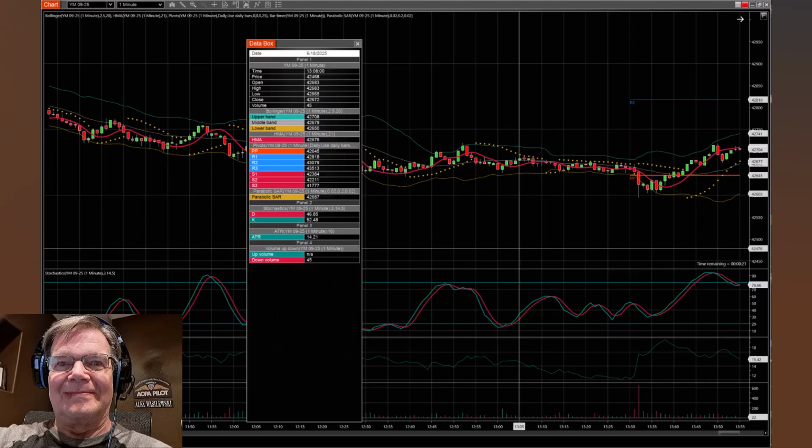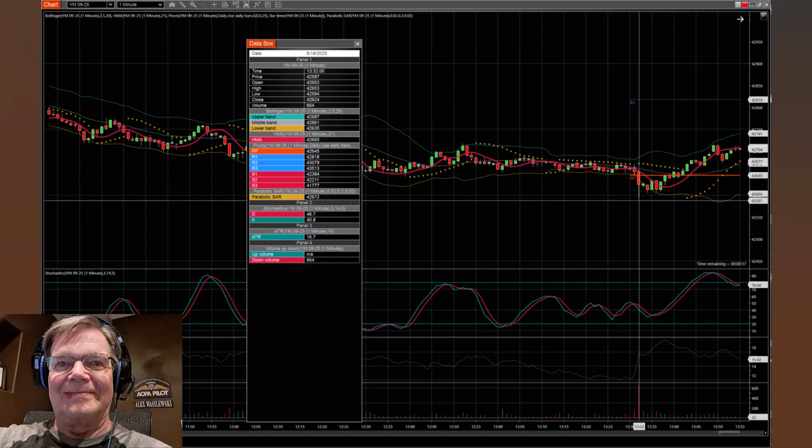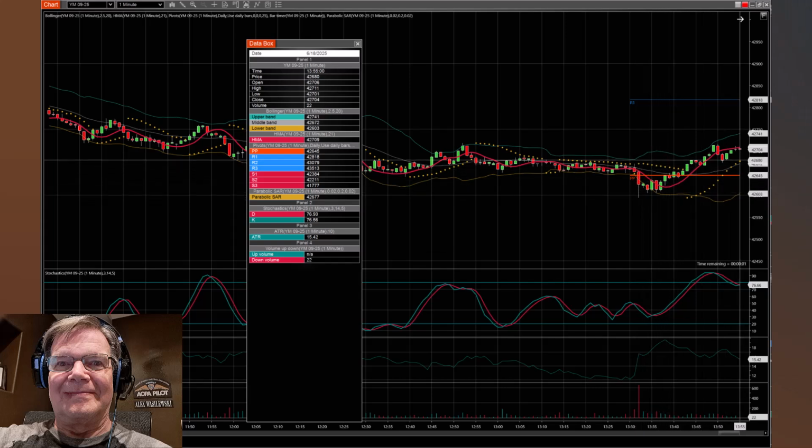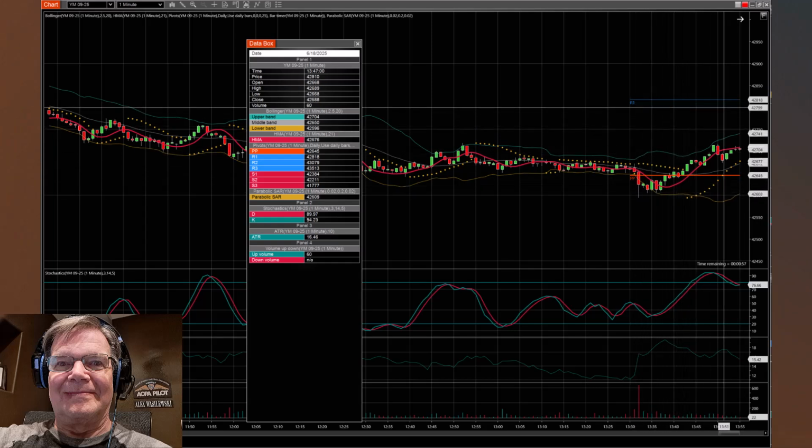Very quickly, we get a data box so we can tell what price it is, and the low of that price move down was 42,594. That's the low part of the swing. We want to see how high it would go before reversing. That's our challenge.